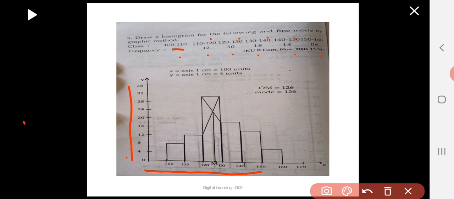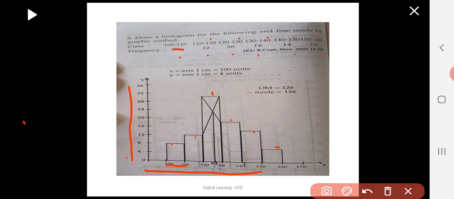We have plotted here 100 to 110, that is 8, 110 to 120, 12, 120 to 130, 30, 130 to 140, 18, 140 to 150, 14, 150 to 160, 6. We have drawn the histogram by taking equal width of the bars and by not keeping any gap between the bars.